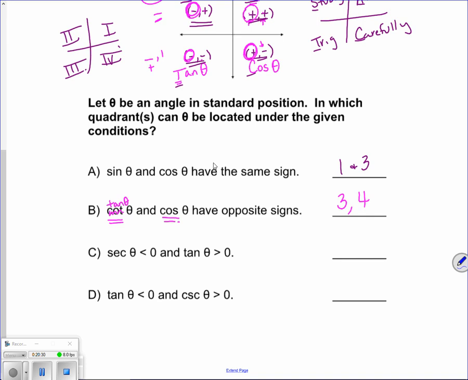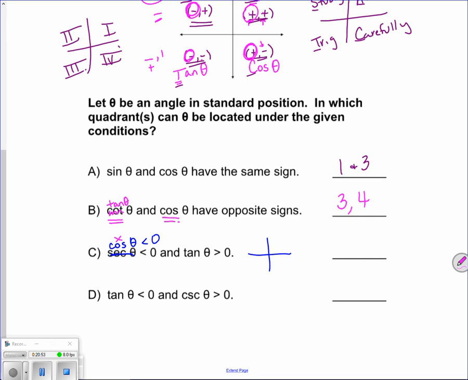So when it says secant is less than 0, let's just do this. Wouldn't that be cosine is less than 0? So for these, I think what I like to do is this. Okay, where is cosine negative? Friends, cosine is x. Think of on the quadrants, where would the x-coordinate be negative?